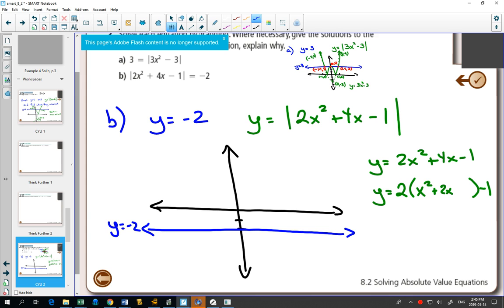What number would be in here so that it makes a perfect square? Plus 1. If I added 1 in there, what do I have to subtract after? 2. Why is it 2? Because that 2 out in front would hit it. And so now factoring this becomes 2(x plus 1) squared minus 3.